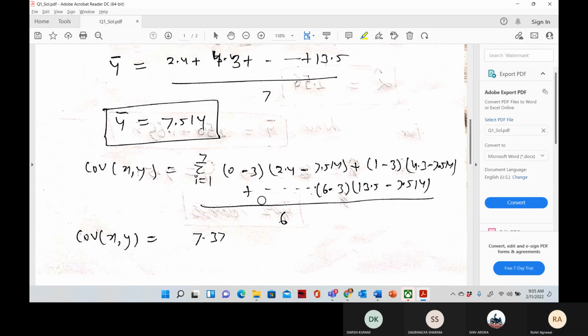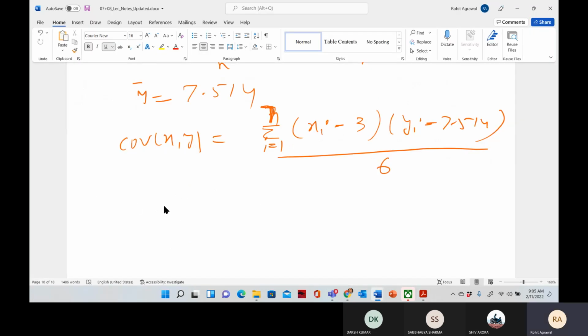Just calculate it. So we will calculate this.